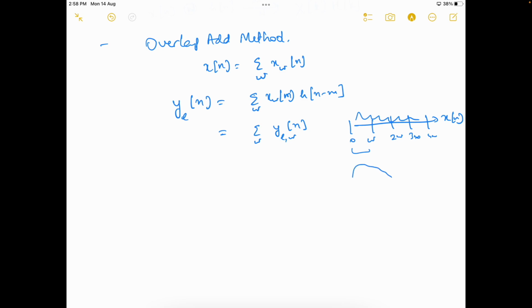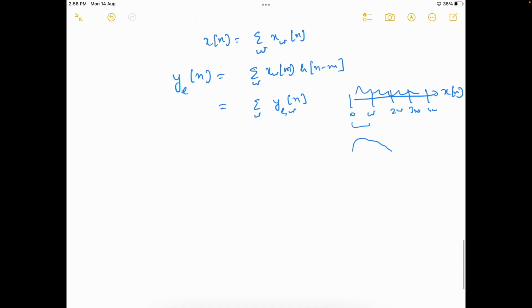It could be a little longer than the window because it's window length plus length of h minus 1. This was from the first window. My second window gave me something else. My third window gave me something else. Just add them all up together. It's the final answer.